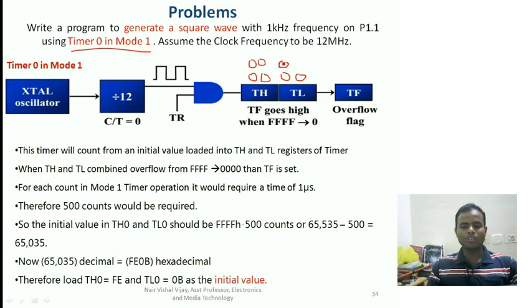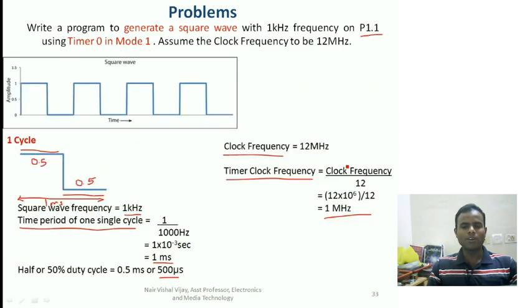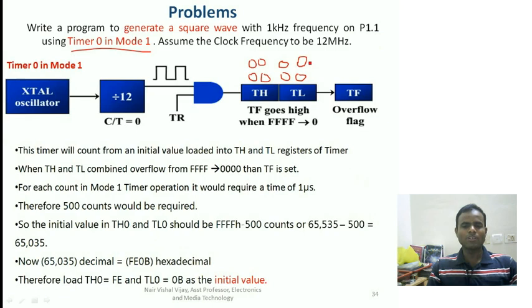Since we have calculated the timer clock frequency is 1 megahertz, how much time do I require to count from 000 to 001? How much time do you require in counting?